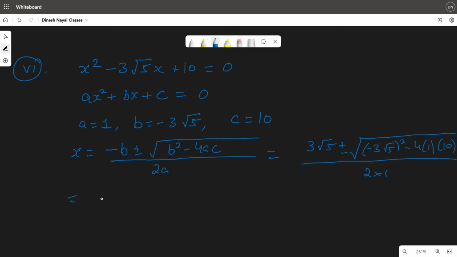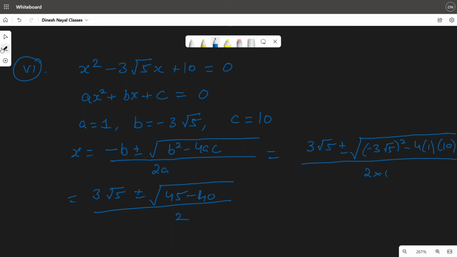So this is 3 root 5 plus minus, now minus 3 root 5 whole square is what? 3 square is 9 and root 5 square is 5, so this is 45. 3 root 5 whole square is 45, minus 40, upon 2.